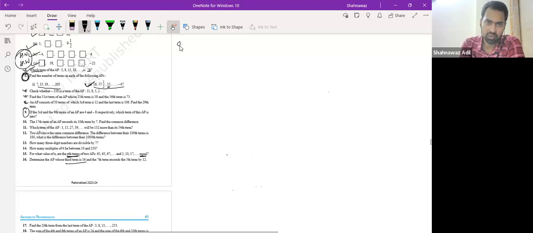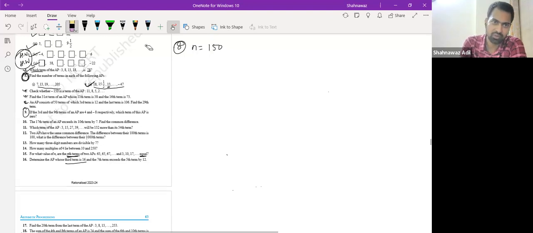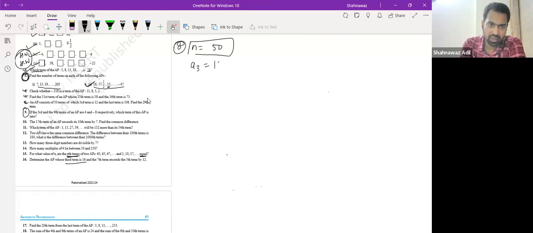Okay, eighth question. An AP consists of 50 terms. So how many terms do we have in that AP? 50 terms. So n is 50. And what is given? A3 is 12 and the last term is 106. So A50 is 106.